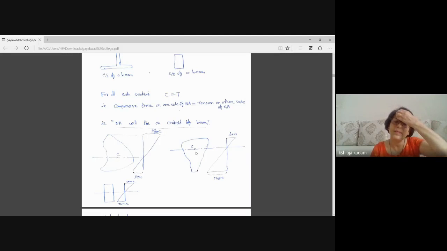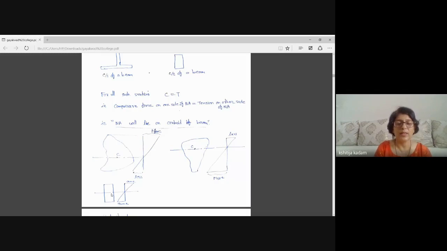Take another sketch on the right side. The cross section is in such a way that more area is on the upper side. So the centroid is at more than half of the depth, and at the centroid there is the neutral axis, and the triangular stress diagram will show that the maximum stress is at the bottommost fiber as compared to the topmost fiber.